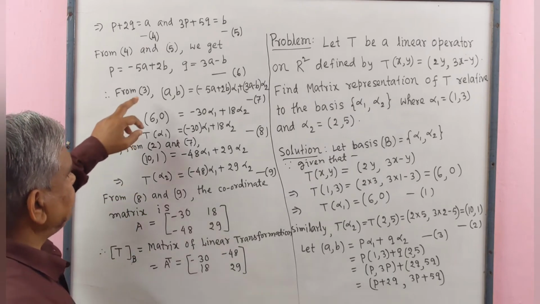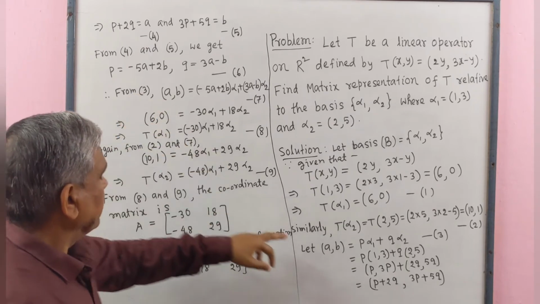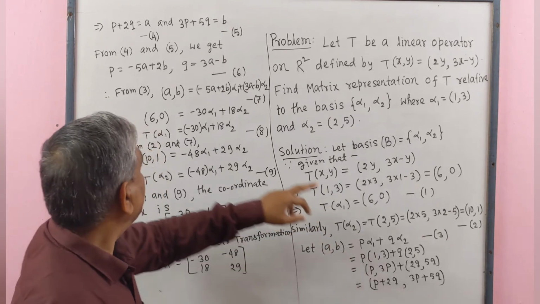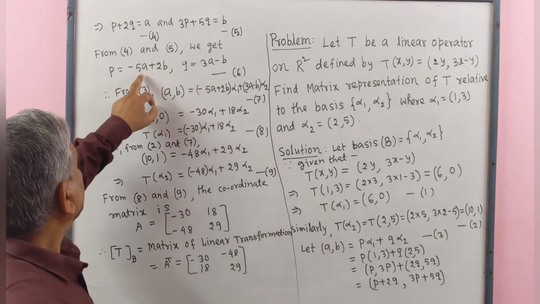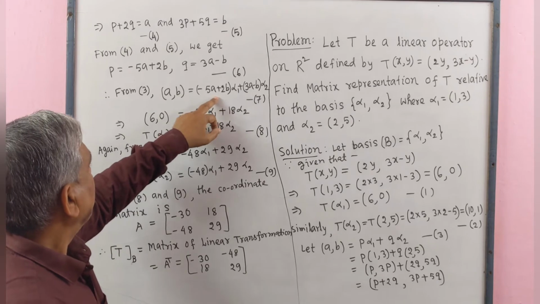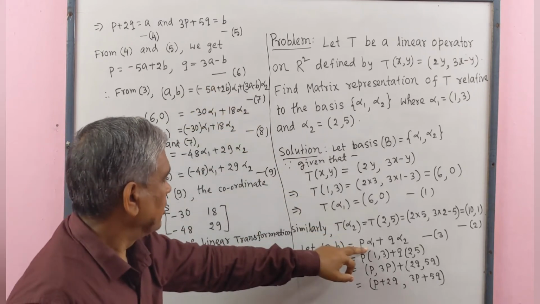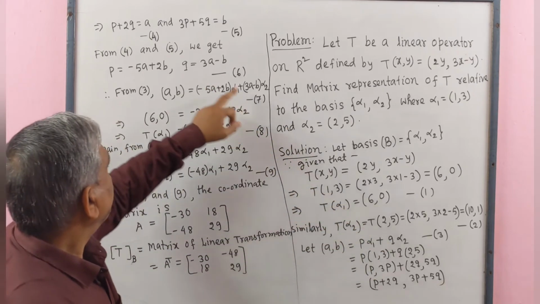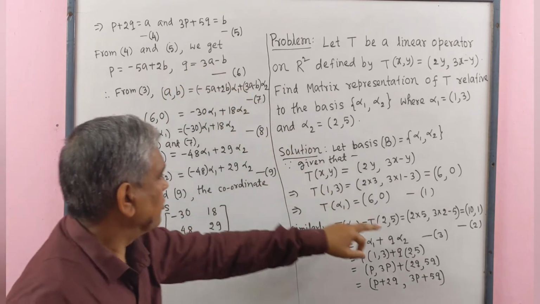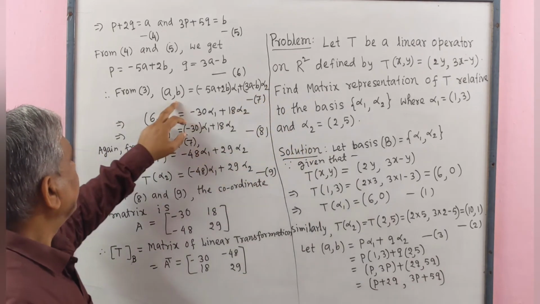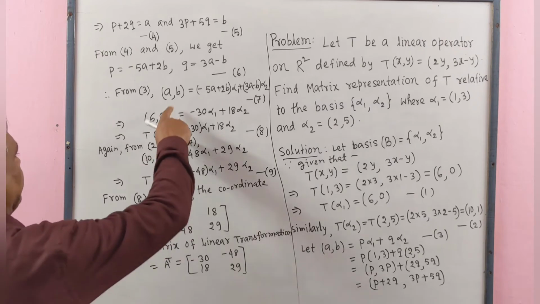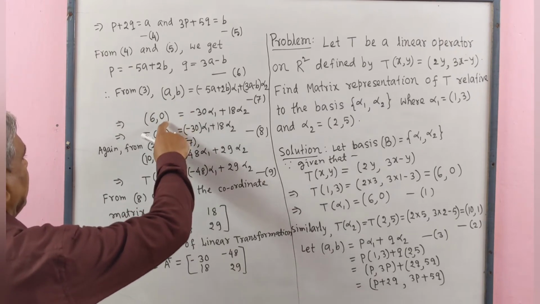From 3, here ordered pair (A, B) equal to P, we put the value of P, minus 5A plus 2B, alpha 1 plus Q, we put the value of Q, 3A minus B, alpha 2. This is number 7. Now we put the value of A is 6 and B is 0.